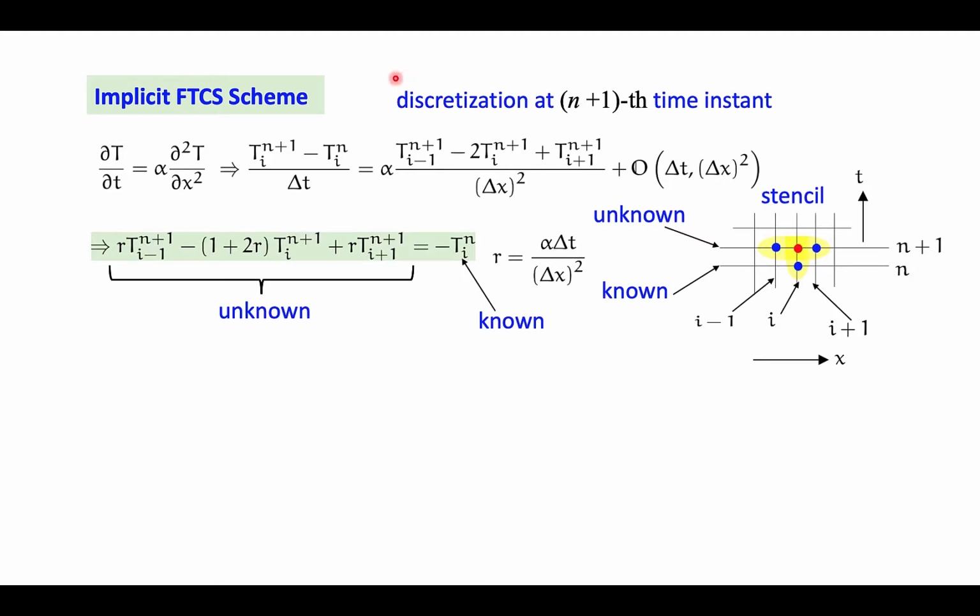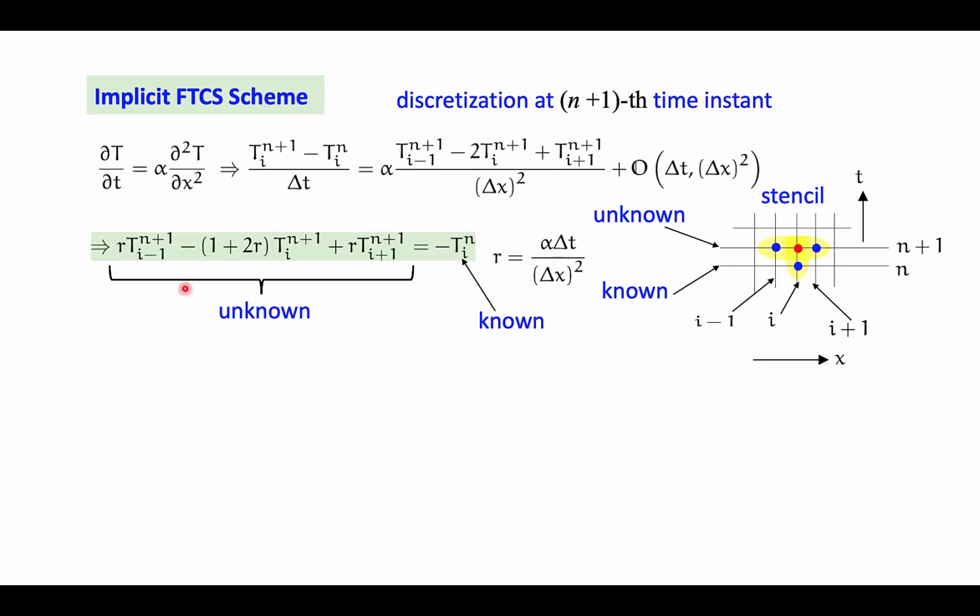So if I arrange this and take T n plus 1, everything on the left side, and T n on the right side, then my equation looks like this: r T i minus 1 n plus 1 minus (1 plus 2r) T i n plus 1 plus r T i plus 1 n plus 1, where r is this alpha delta t divided by delta x square.